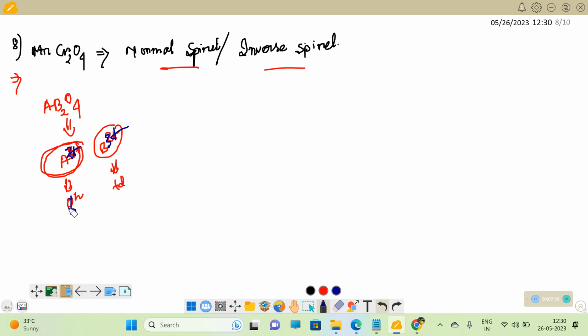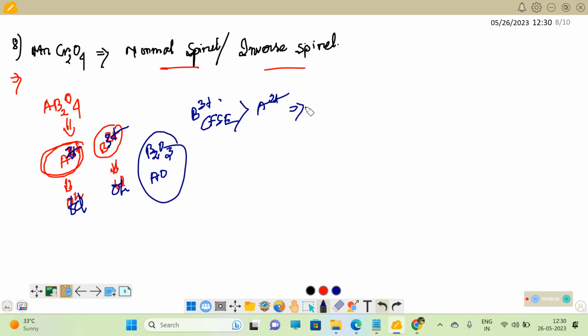The whole concept is reversed, which means B3+ should have higher CFSE than A2+, because it will be B2O3 and AO, and then it will be a normal spinel.